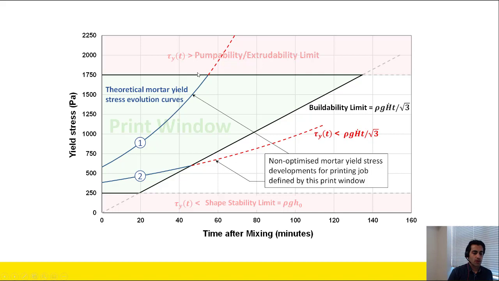The other material might have a good initial yield stress, but doesn't develop strength quickly enough. As you can see, at some stage it is going to cross the buildability limit, and that's the part where your 3D printed filament is going to collapse or squish.